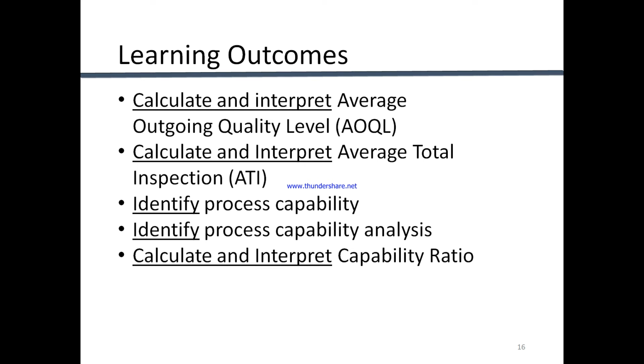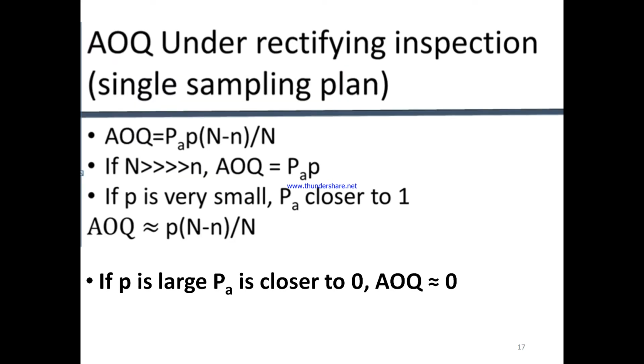Right? So furthermore, we are going to discuss assessing the quality of a given process using some measurements. In that case, the first thing we are going to discuss is the average outgoing quality.